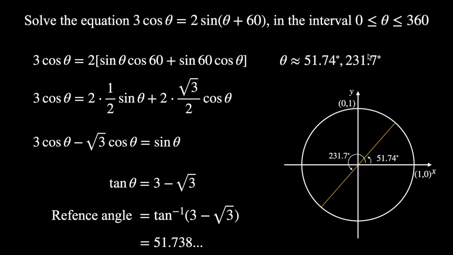Just a note here that often it is the case that you want to give your answers to the same number of significant figures. So here I've used 4 significant figures for both answers. Sometimes it'll be 2 decimal places or 1 decimal place, but sometimes it will be, say, 3 or 4 significant figures. So anyways, they're your final solutions for that question.